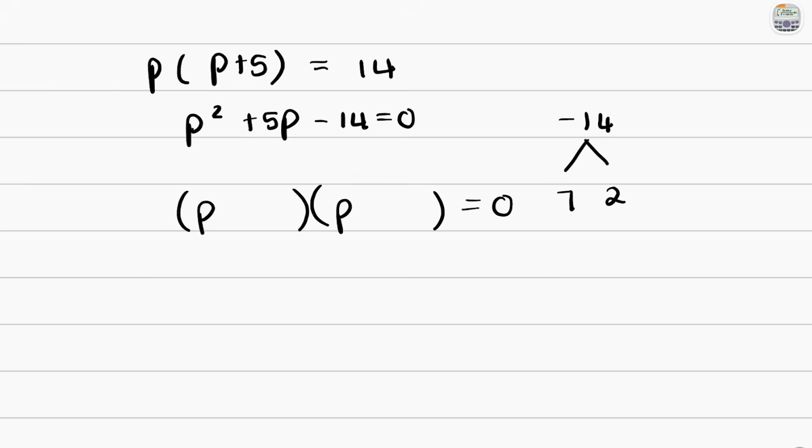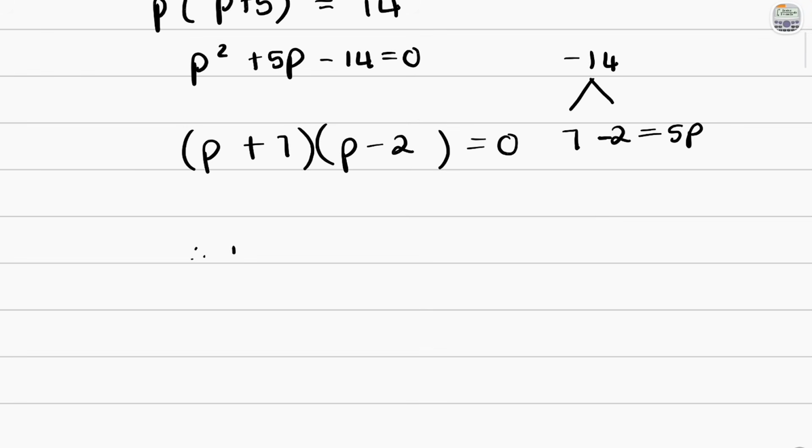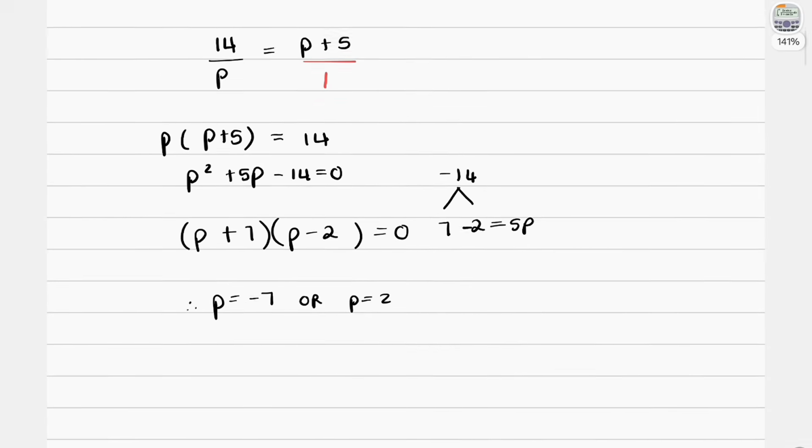You need to make the smaller factor negative. So if you say 7 minus 2, you get positive 5. Okay, so that is positive 7 and negative 2. So therefore, p is equal to negative 7, or p is equal to positive 2. And those are our answers.